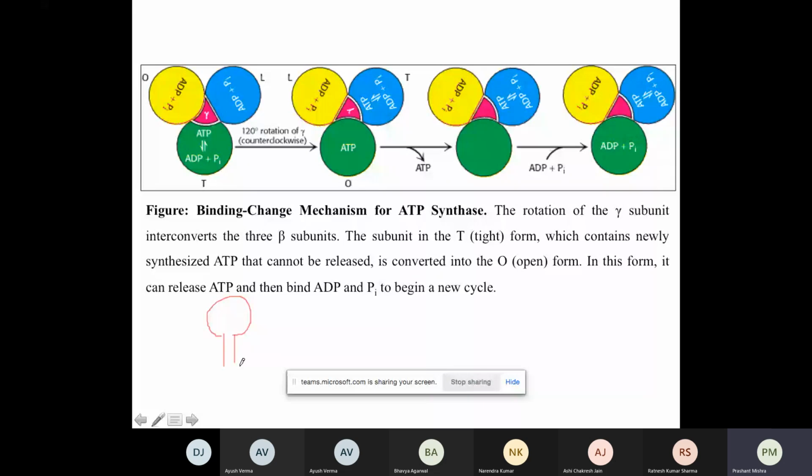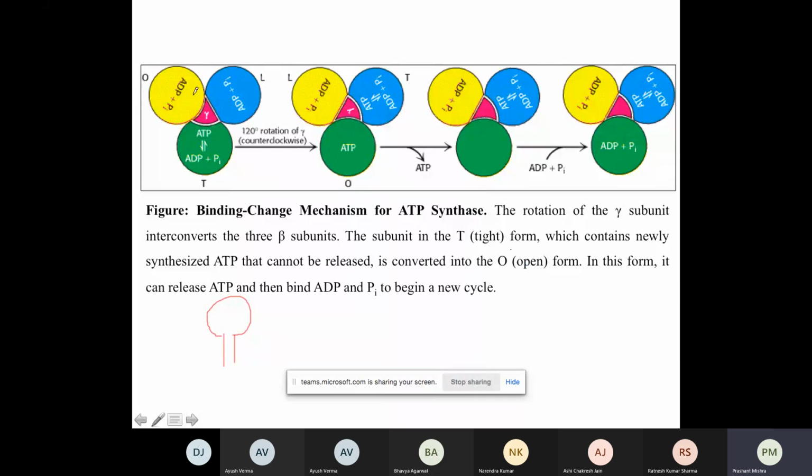Initially, the ADP and Pi bind to this ATPase subunit, and then they are translocated from one place to another because of the change in the subunit structure. The T refers to tight form, and O is open form. So you have them in loose binding form, tight binding form or open form.